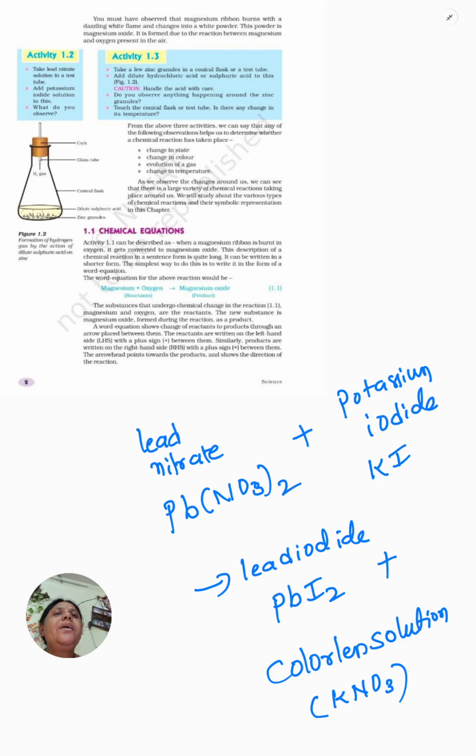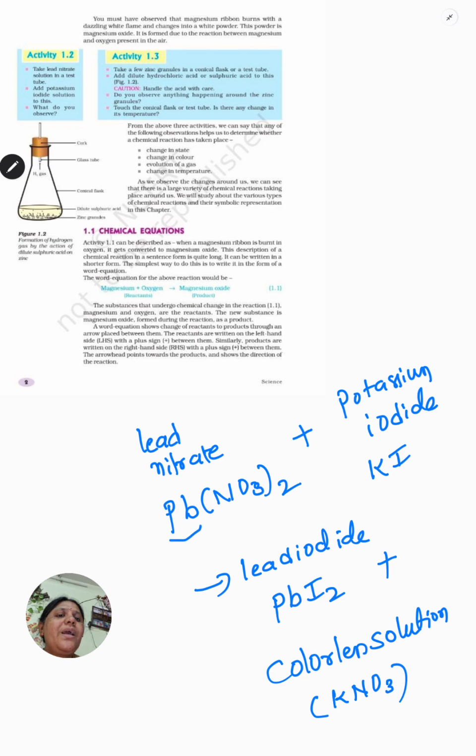If you observe, this type of reaction is known as a precipitation reaction. These two will have a chemical reaction, and you can even observe it in the lab. A yellow precipitate will be formed after some time, and that yellow precipitate is nothing but lead iodide.